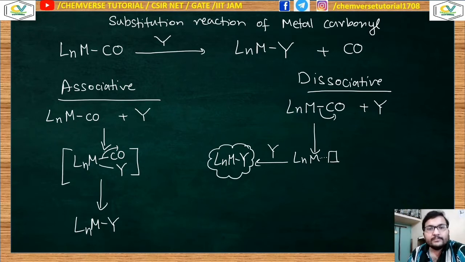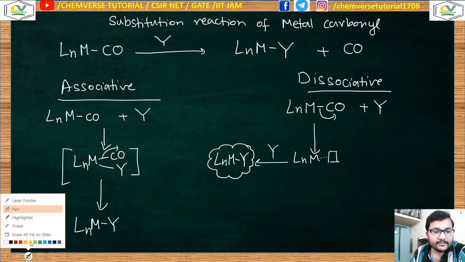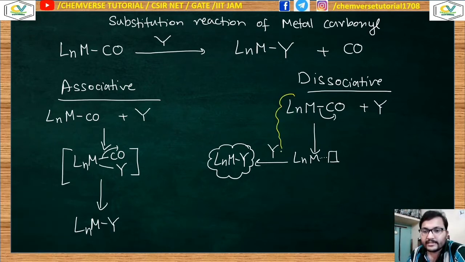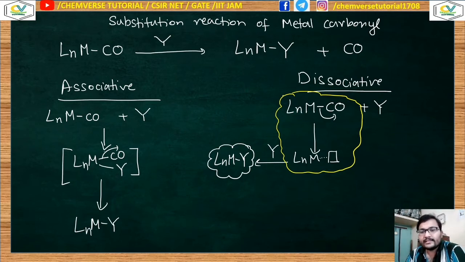Now for the dissociative mechanism, the most important step is this bond breaking step. This step is the most important step, and you can call it the rate determining step also. So here the rate determining step requires bond breaking.